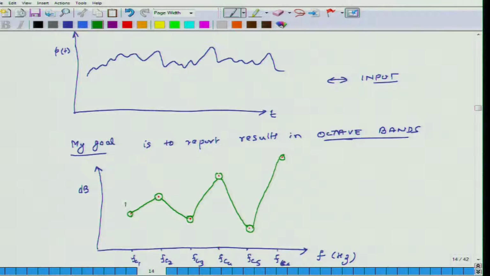Let's say look at this point A. So let's say the value of FC1 is equal to 100 hertz. We can assume that. So Fu is equal to 141 hertz, 100 times 1.414, and Fl is equal to 100 divided by 1.414, so it will be 70.7 hertz.